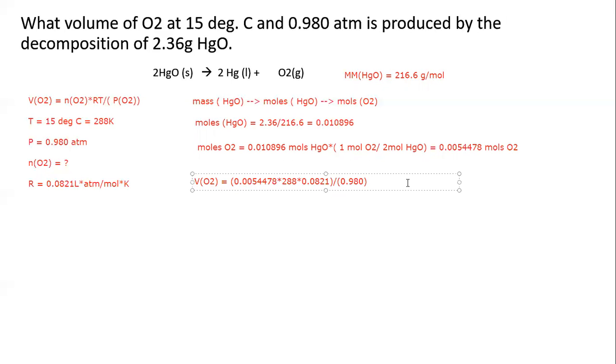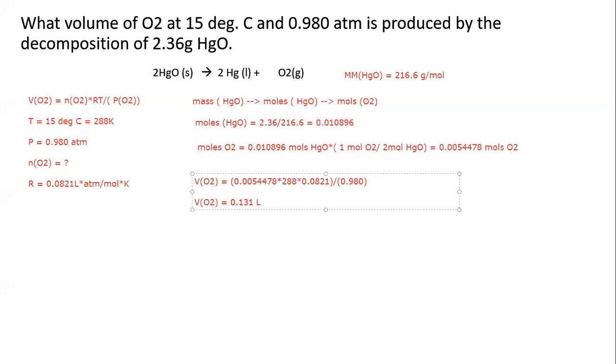Again, volume of O2 will be in liters. So we get 0.131 liters.